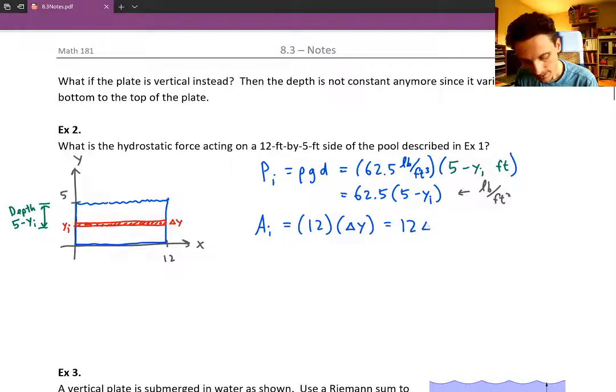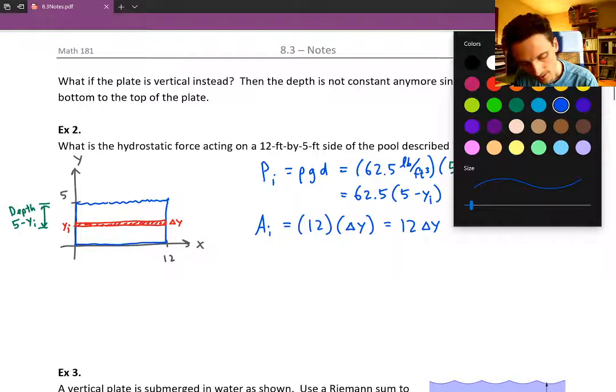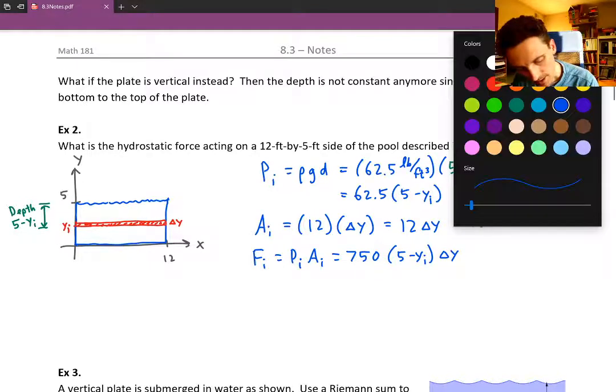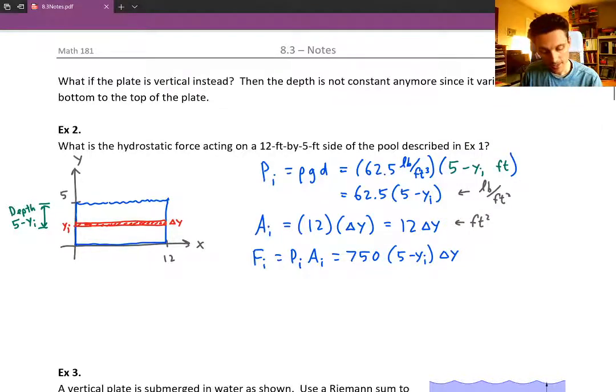So this is 12 delta y, and the units are square feet. Feet times feet is square feet. Then the force that's acting on just that little strip will be the pressure on that strip times the area of that strip. So we multiply p sub i times a sub i together, and the 12 times the 62.5 gives you 750, and then you have (5 minus y sub i) in parentheses, and then delta y. Here the units of square feet cancel, and we just have units of pounds, units of force.